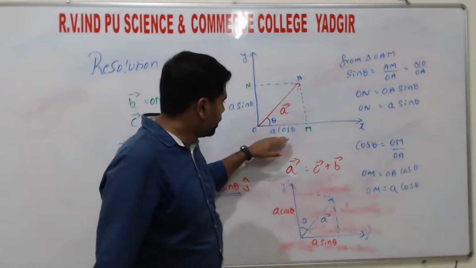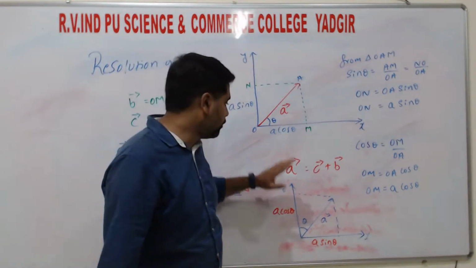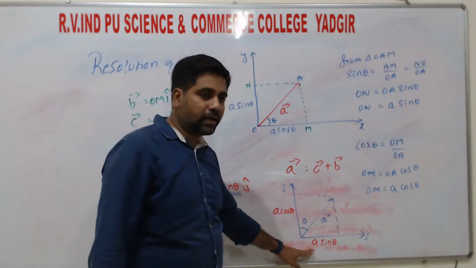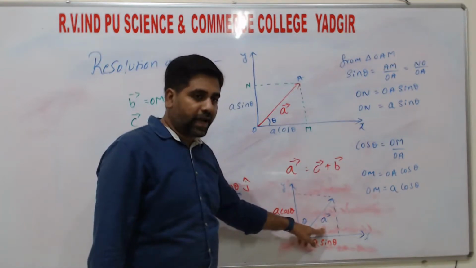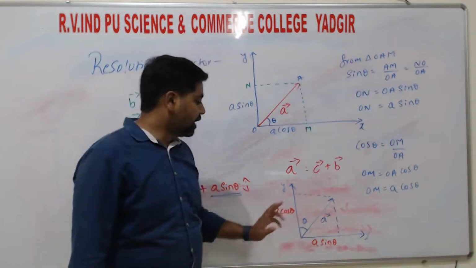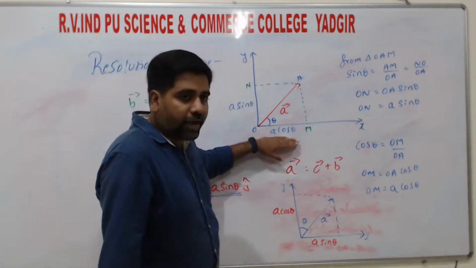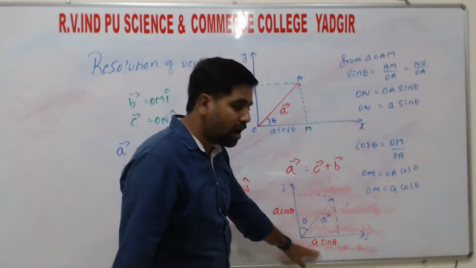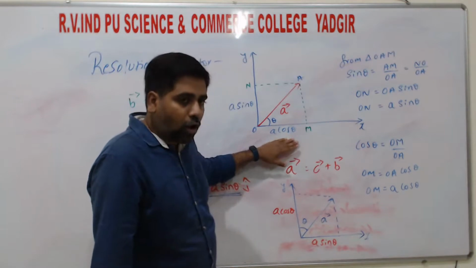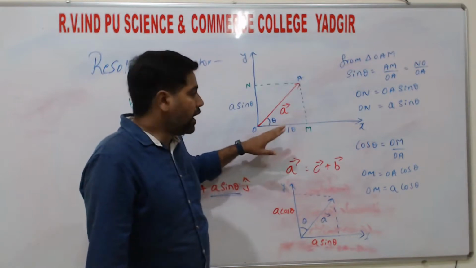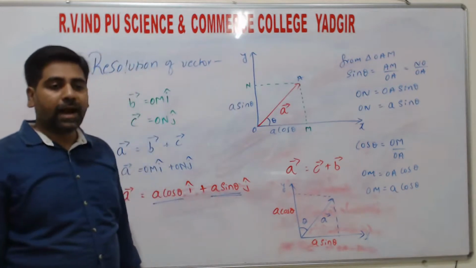If you observe these two diagrams, along the x-axis we have the rectangular component A cos theta here, and here we have A sin theta. The same vector A and the same angle theta, but the component varies depending on the angle at which it is inclined with the axis, right?